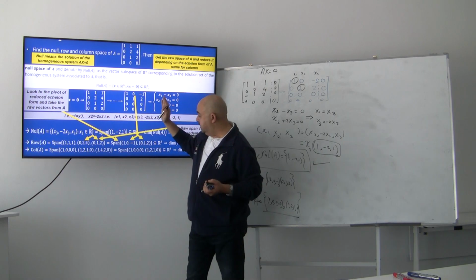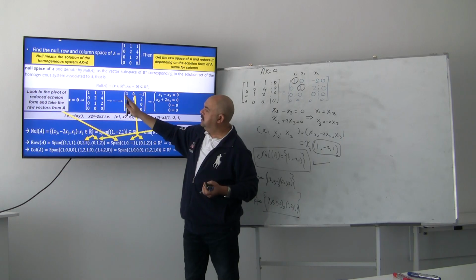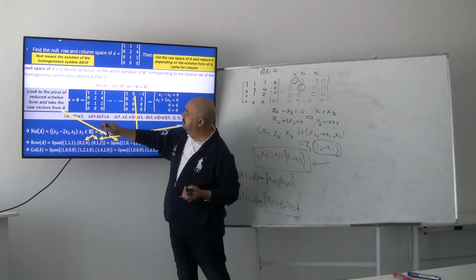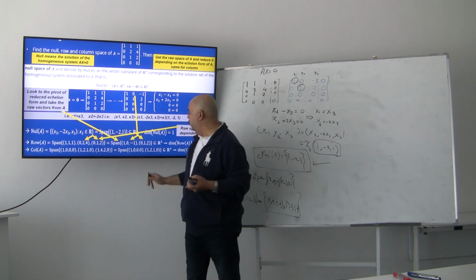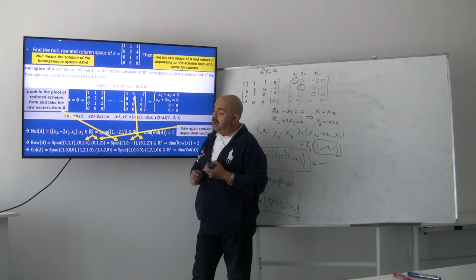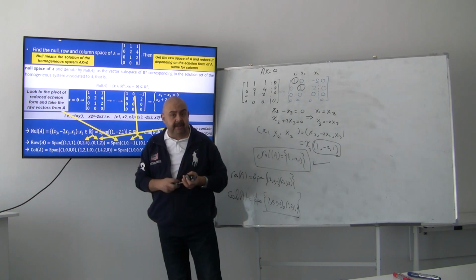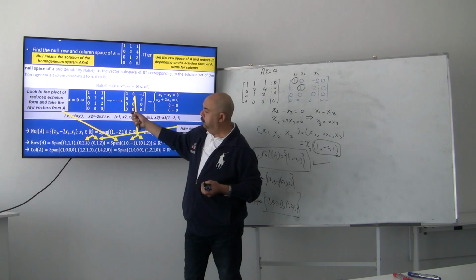For the span, I will consider only the independent vectors, the first column and the second column. As you can see, the first column from the main matrix, which is (1, 0, 0), and the second one, which is (1, 2, 1, 0). I usually take the independent set of vectors for the row span from the echelon form.